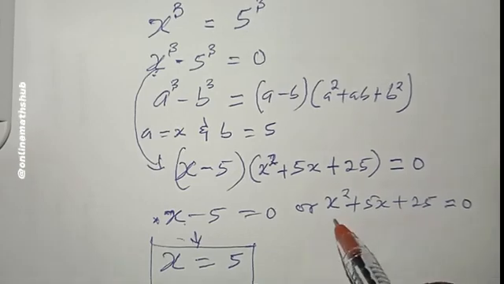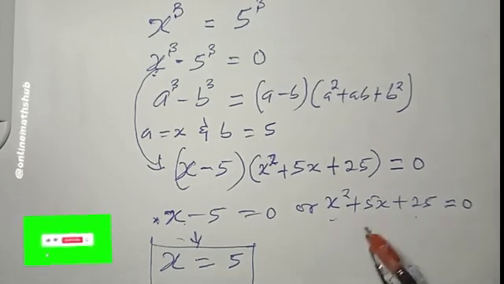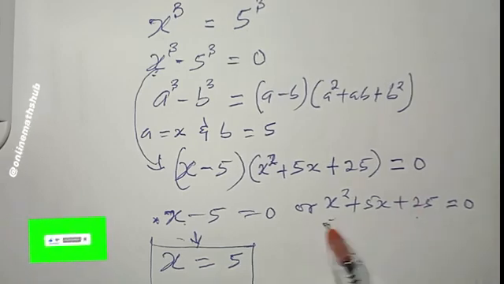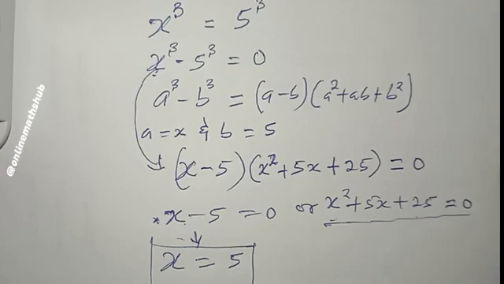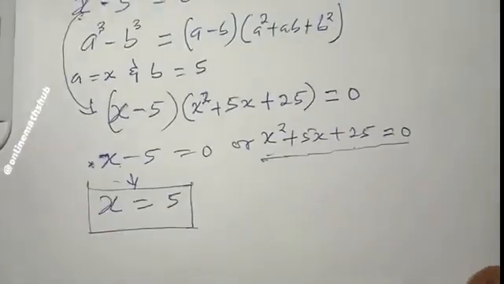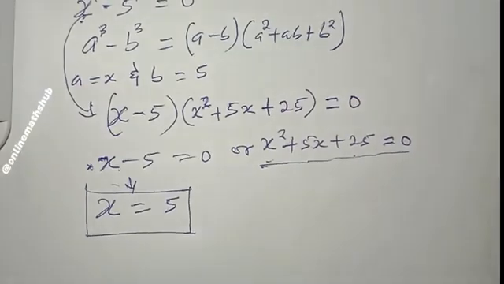So next we can focus on this to get the remaining 2 values of x. You can see that this is a quadratic equation, and for us to solve, we can go ahead and compute the discriminant so that we have an idea of how many roots we are going to be finding, whether it has a real solution.